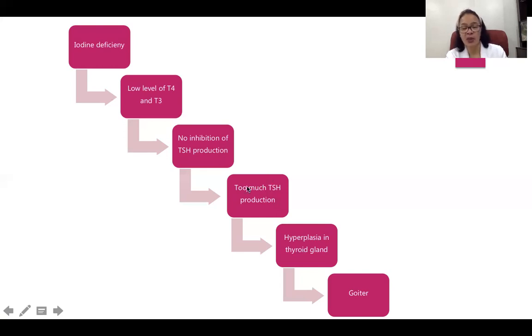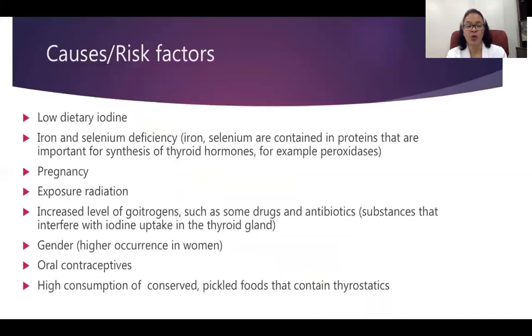The excess TSH will cause the thyroid gland cells to multiply and divide excessively, resulting in goiter. So that's how iodine deficiency can lead to the formation of endemic goiter.